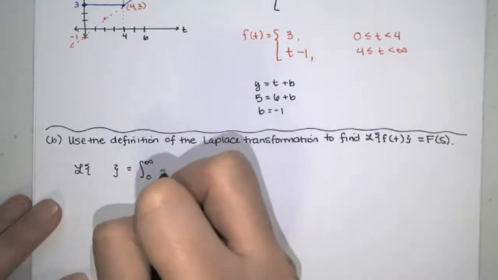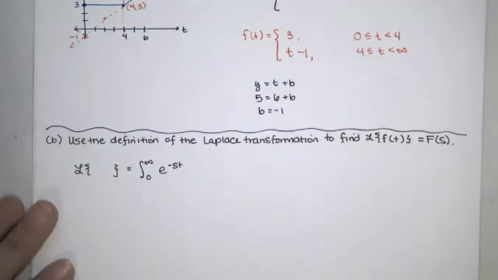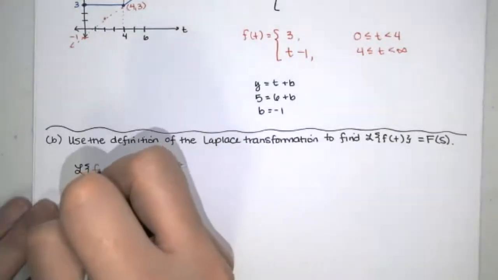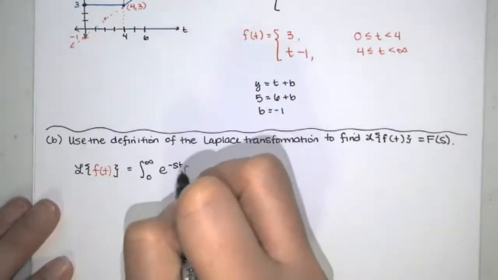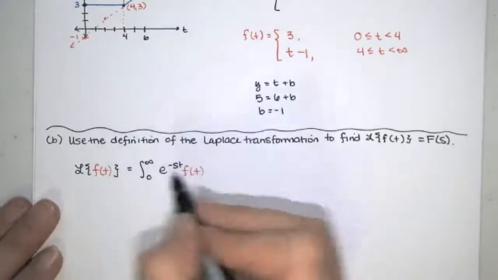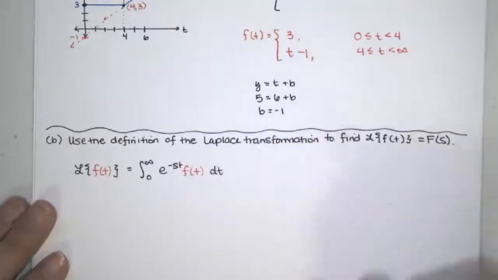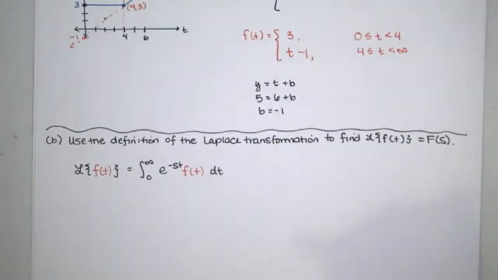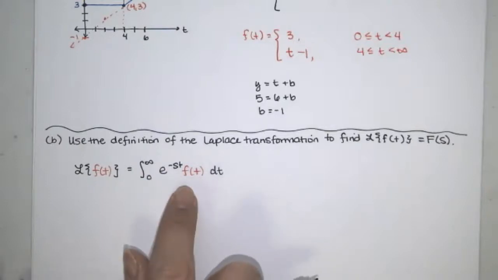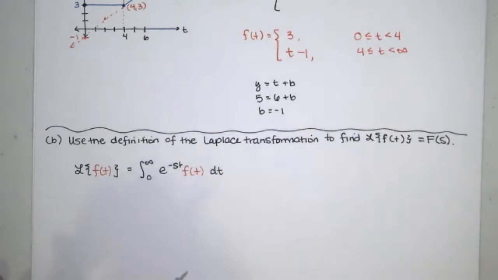It's the integral from 0 to infinity of e to the negative st, you take that and you multiply by the function that you're operating on, and you integrate with respect to t. So the value of this integral is a function of s. We call that f of s, and that is the definition of the Laplace transform of f of t.